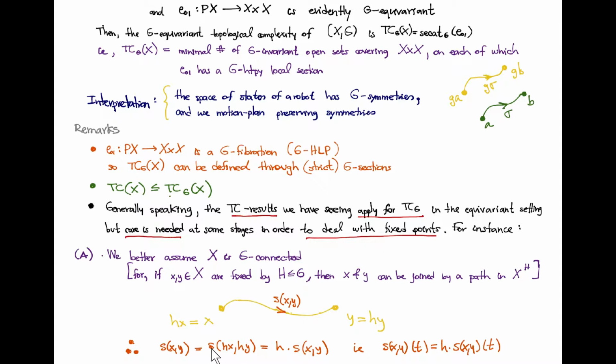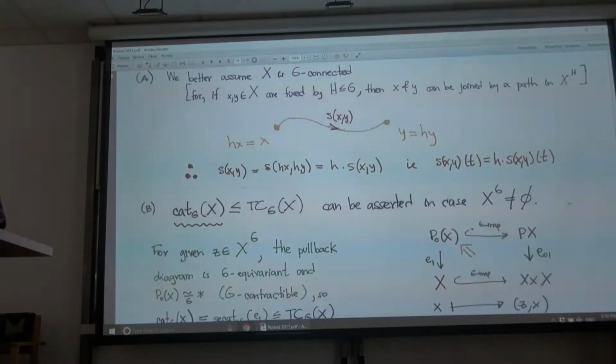And then the section is supposed to be equivariant, so this h goes out. If you evaluate at t, you see that this element at time t is the same element when you multiply it by h. So the whole curve is going through fixed points, just as x and y were. So you have to deal with fixed points in a nice way.